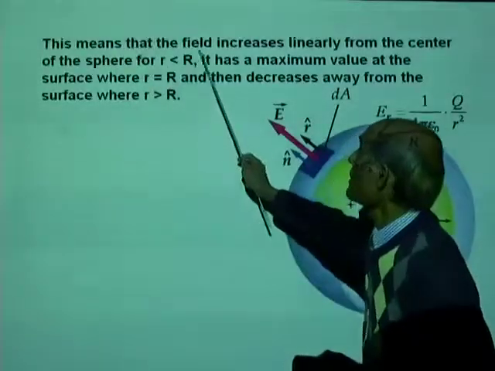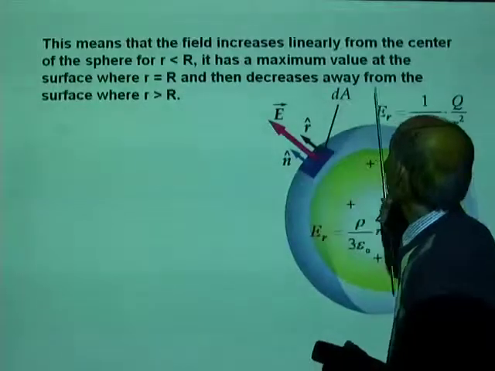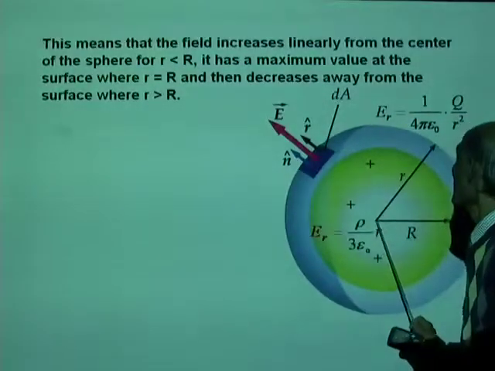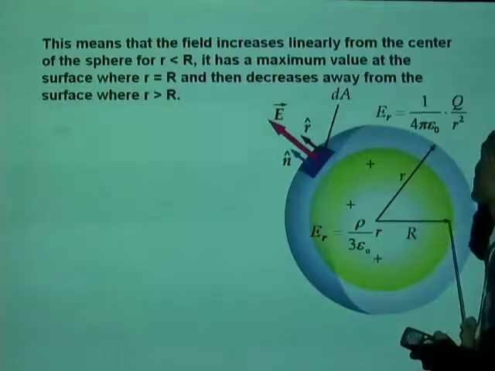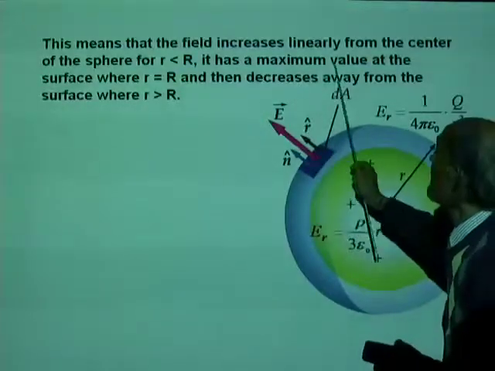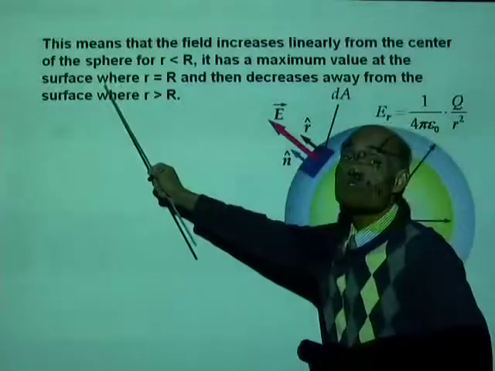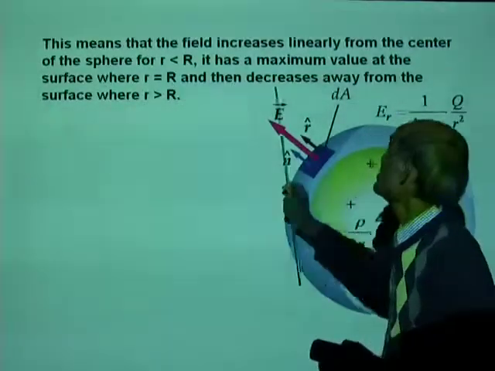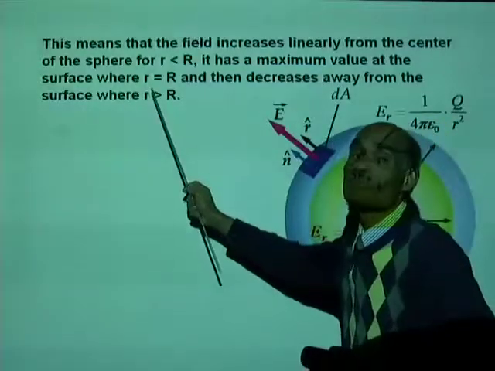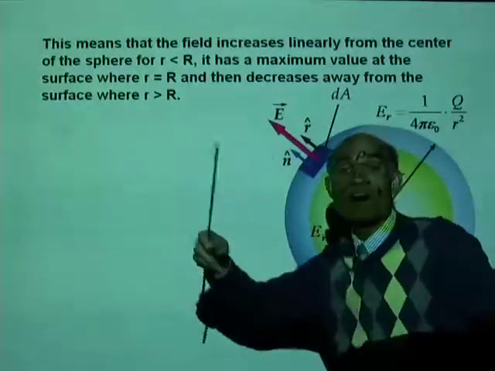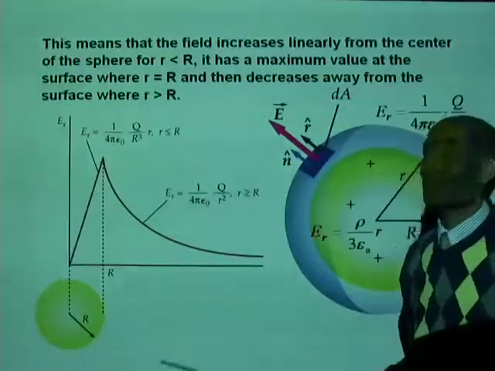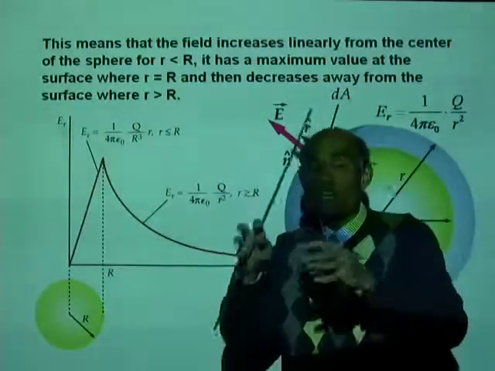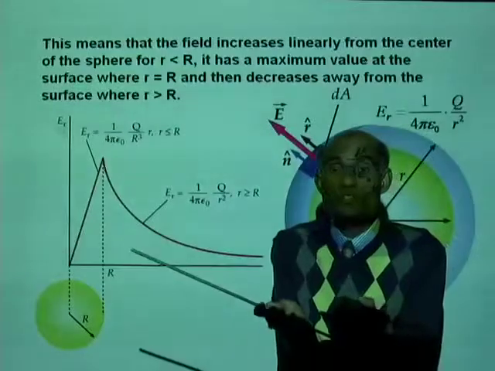This means that the field increases linearly from the center of the sphere until it reaches the surface. It has a maximum value at the surface where r equals the radius, and then decreases away from the center where r is greater than the radius. So this is how the electric field varies for a solid sphere.